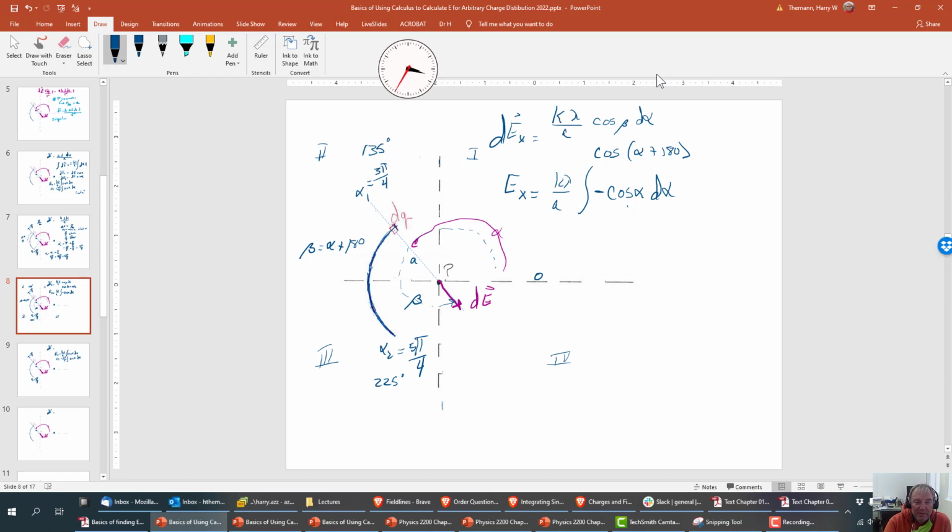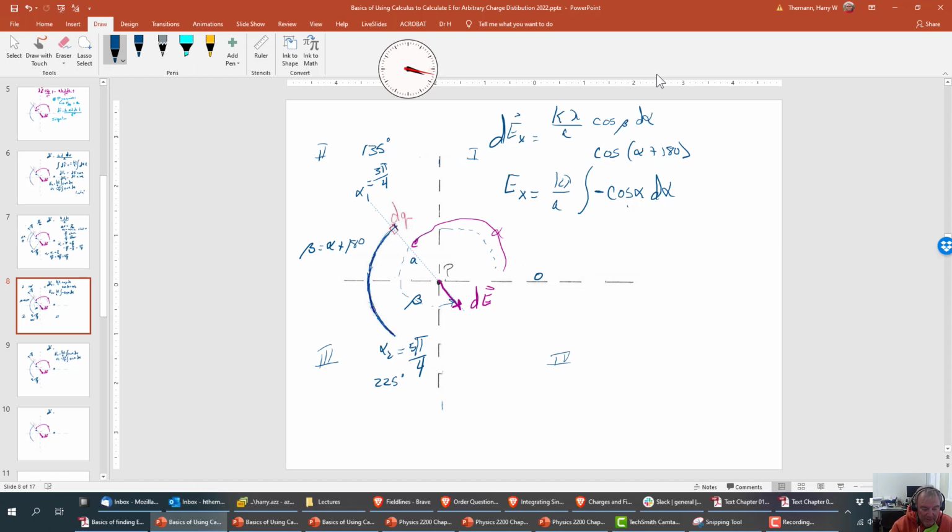So let's look at our dE. If I say 135 degrees and plug it into cosine, I get a minus 0.7071. But I know that dE is positive, so if I've hit it with the negative, fine. And let's see what happens at 225.